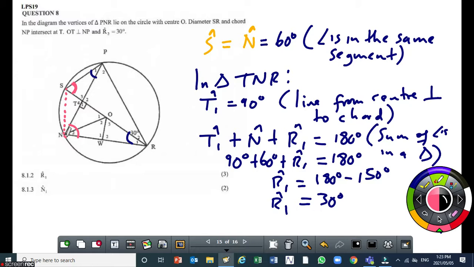But when you are dealing with chords, there are two scenarios. Either the chord is drawn, which means it will be visible, or it may not be visible, like in the case of chord SN. It's not drawn, but you should see that I have a point at S and a point at N, therefore there is a chord which exists. So you just explain what the subtended angle is.